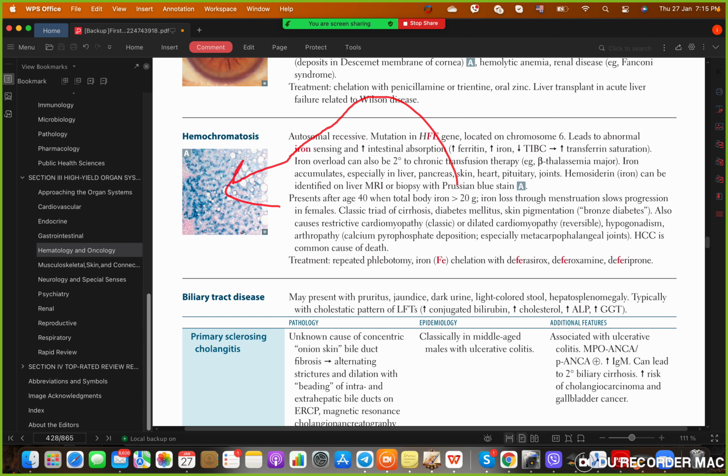Okay? Now I have a question actually. Do you remember a condition called lipofuscin, or lipofuscin if you want? Some people say it like that. Doesn't matter. Lipofuscin, how can I differentiate it from hemochromatosis inside of the histology?